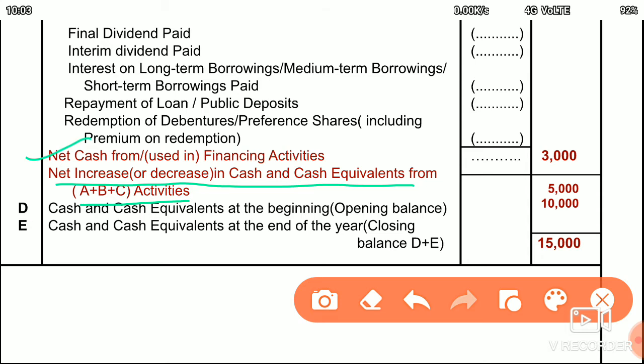So according to the example, the net increase in cash and cash equivalent will be shown as 5,000 here after adding all the amounts of operating, investing and financing. So this 5,000 will be shown here as net increase in cash and cash equivalent from A plus B plus C activities.